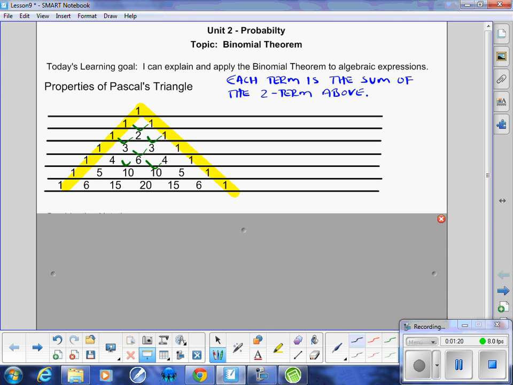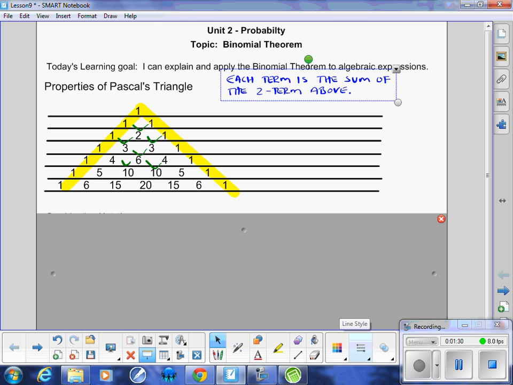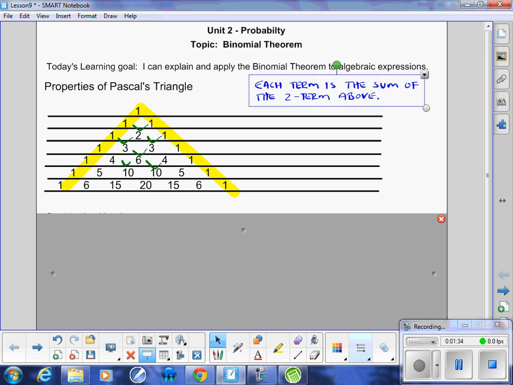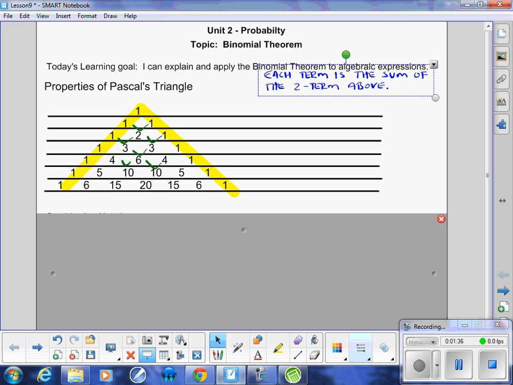Okay, so a couple things that I want you to take away from this. Let's look at the sum of each row. So I'm just going to shrink that, and I'll put it up here out of the way. So I'm going to create a column here called sum. So I'm going to add up each row. All right.